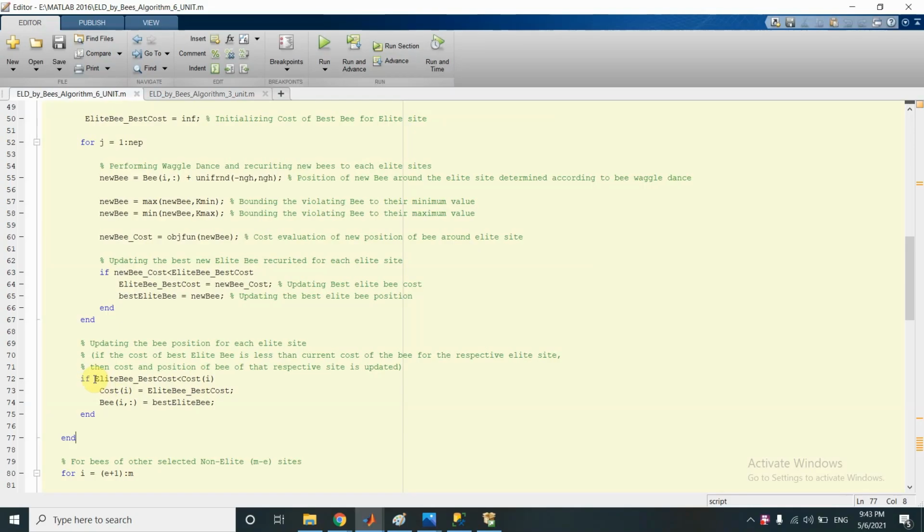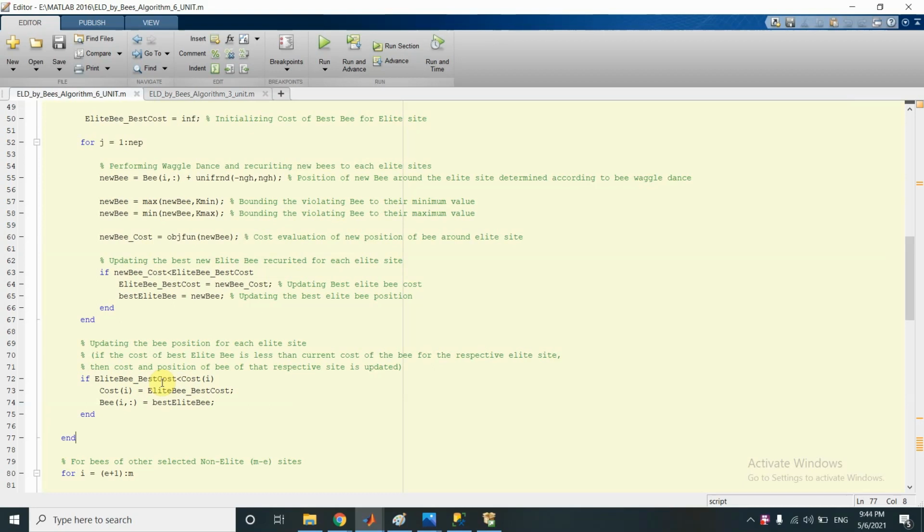So we have done the same thing here in this if statement. This elite bee best cost contains the cost of the best elite site bee that was recruited to go around the elite site, and we compare it with the cost value of the corresponding elite bee of the previous iteration.